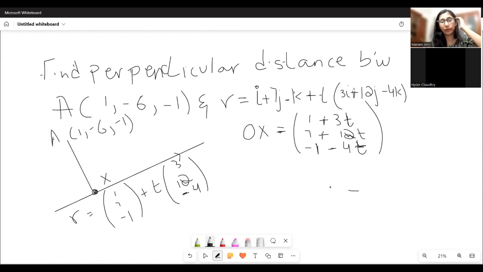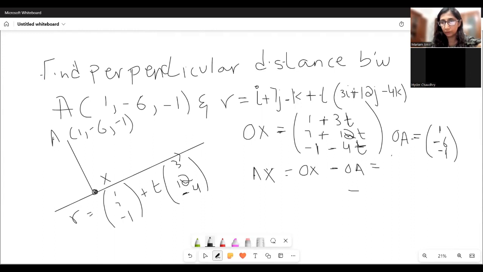Okay, that is OX. Now OA is 1, minus 6, minus 1. So AX is going to be OX minus OA. Let's just do it in one step.